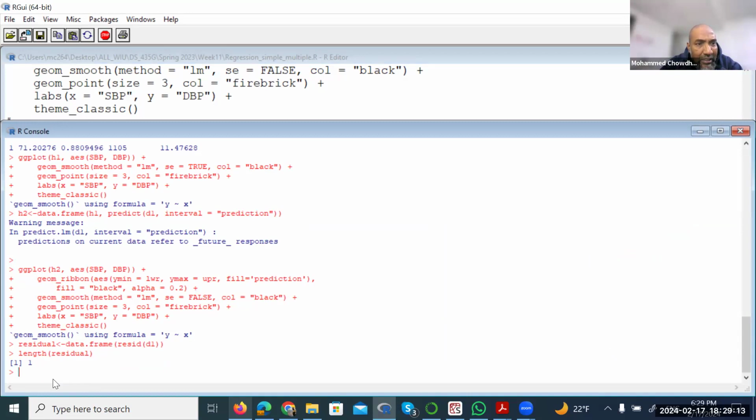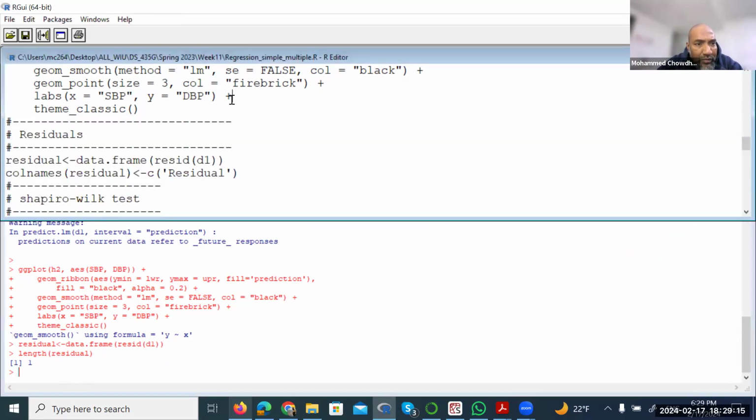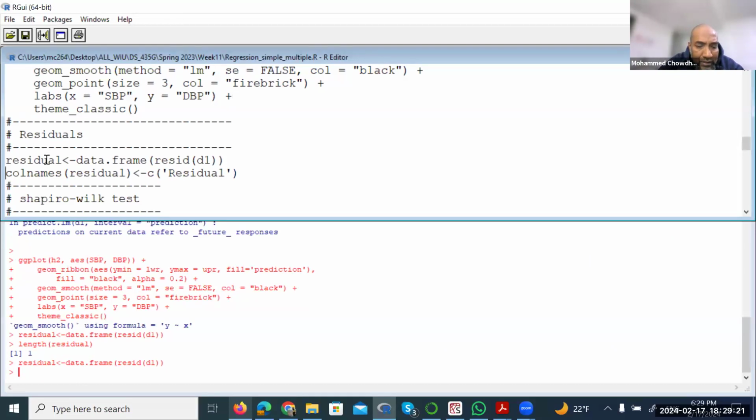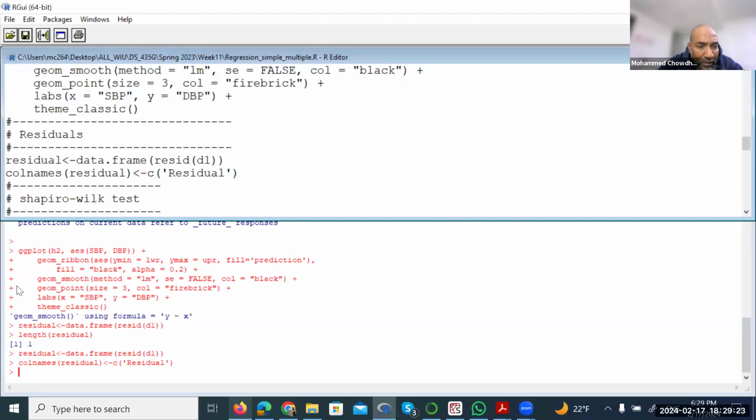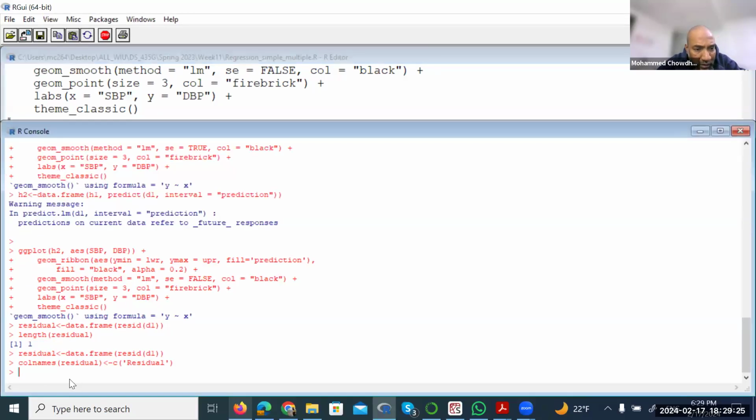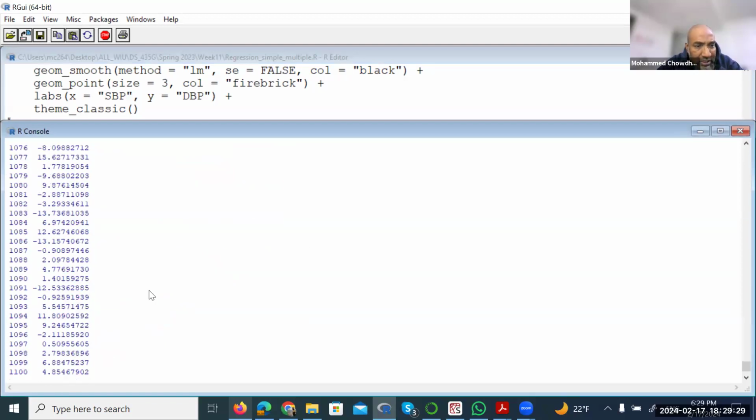Okay, so let me check. Length would be for residual D1. Like this, like that, and then residual. So these are all the residuals. Okay, all 1100 values of the residuals are in there.